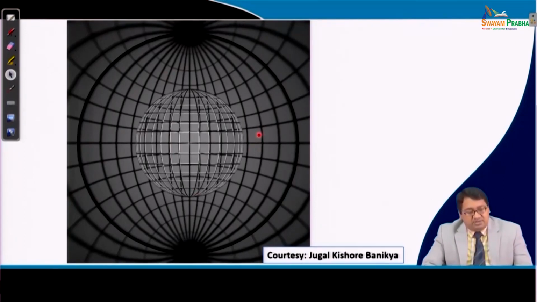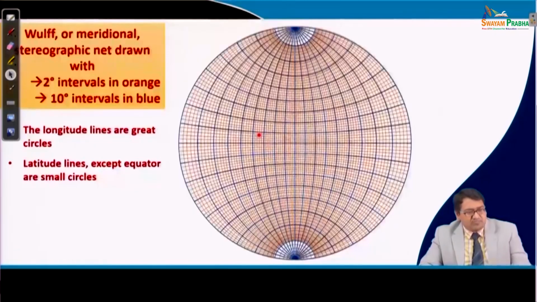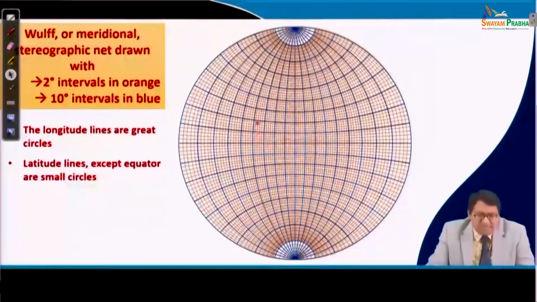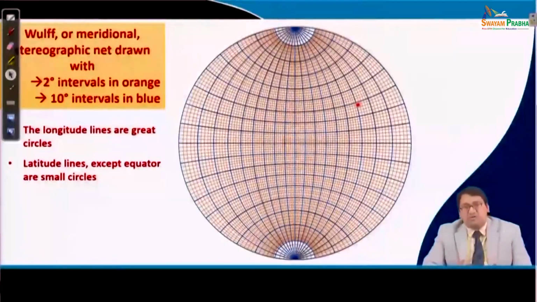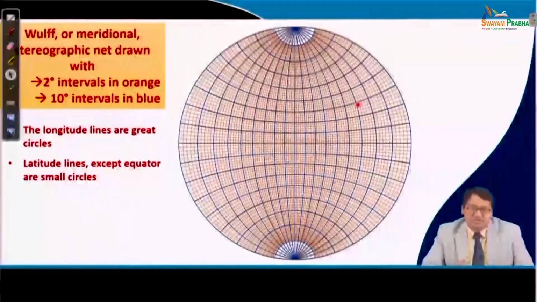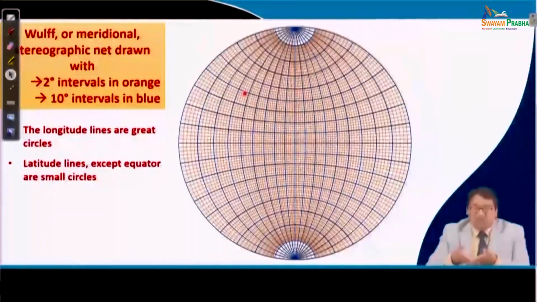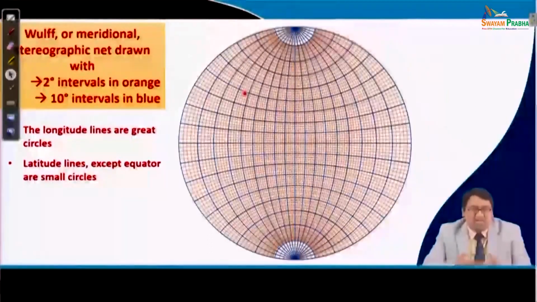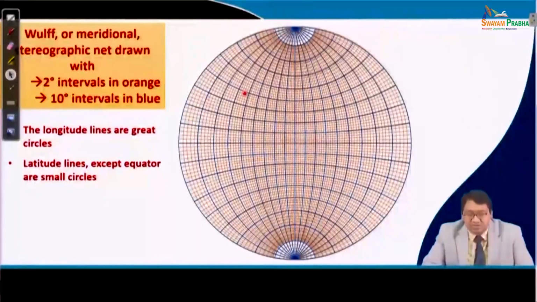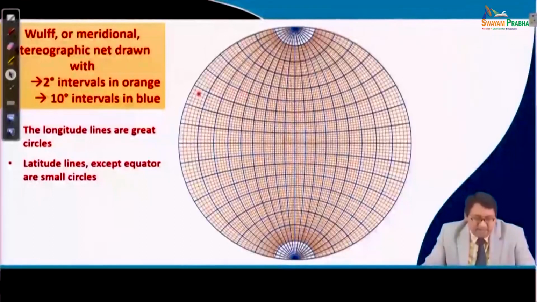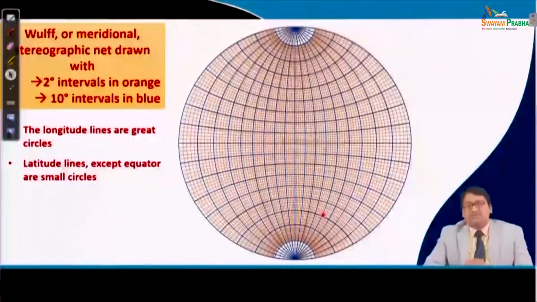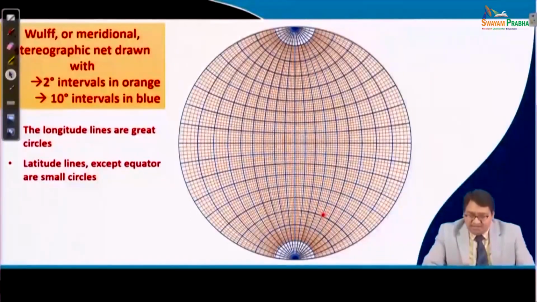This is drawn by my student Jugal Kishore Banikke, and so basically you see a Wulff net, which is basically a ruler to observe and quantify the stereographic projection. The orange colored Wulff net has a degree graduation of 2 degrees, and the blue colored Wulff net has a graduation of 10 degrees.